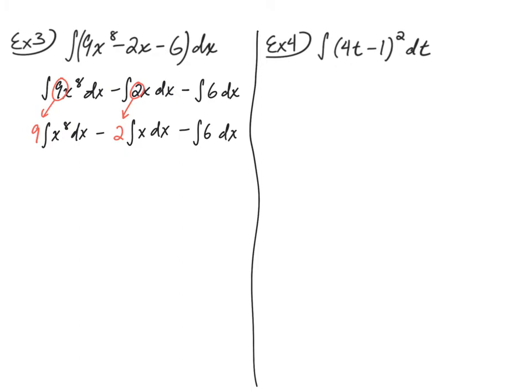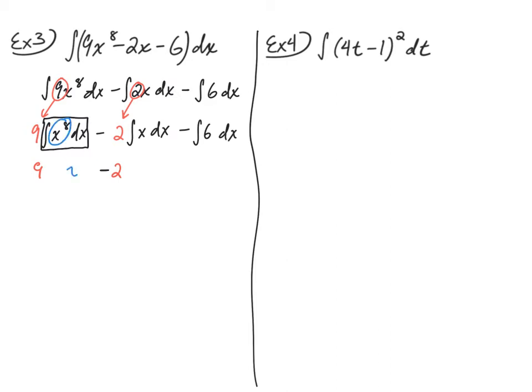Then we can use the power rule for this term and this term, and we can use the antiderivative of a constant for this term to get something like this. The 9 and the 2 are still coming along for the ride. So let's see here. What would we get? This would be minus. So here, for this antiderivative, we would add 1 to the exponent here.